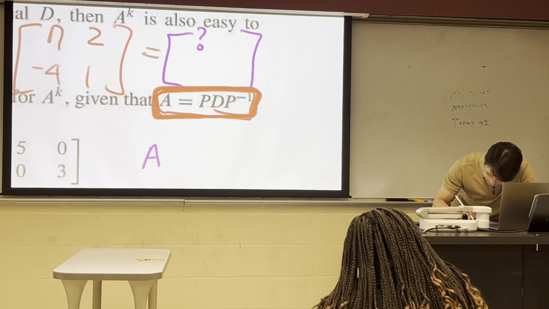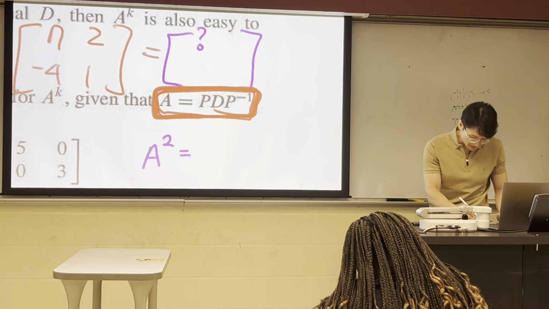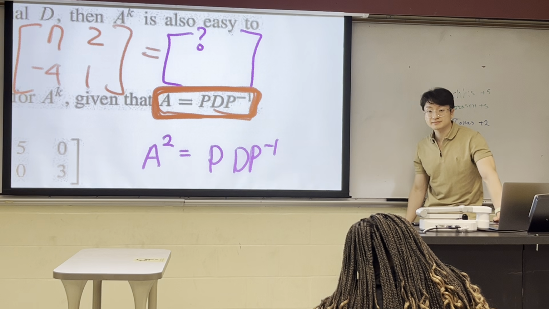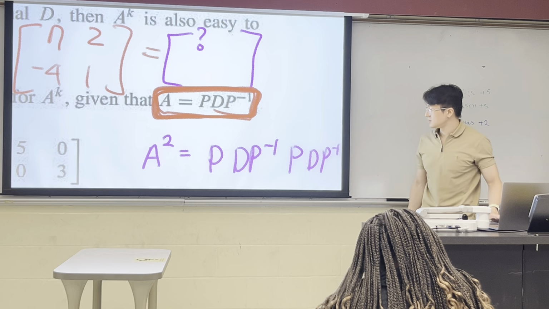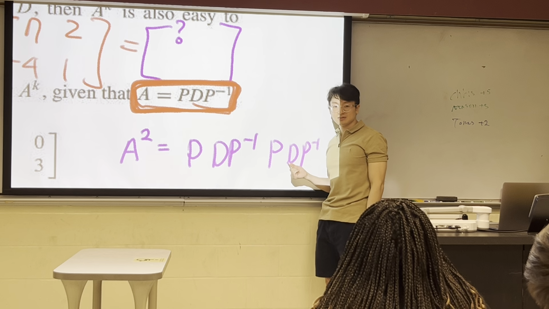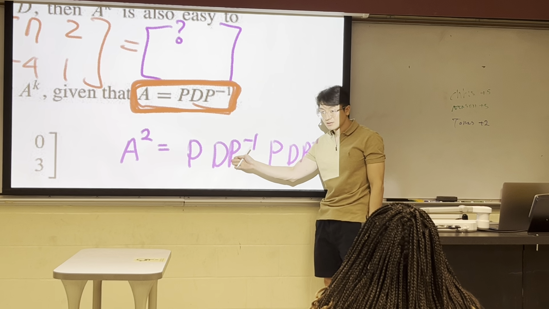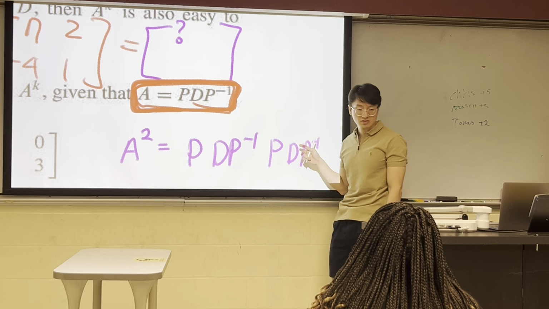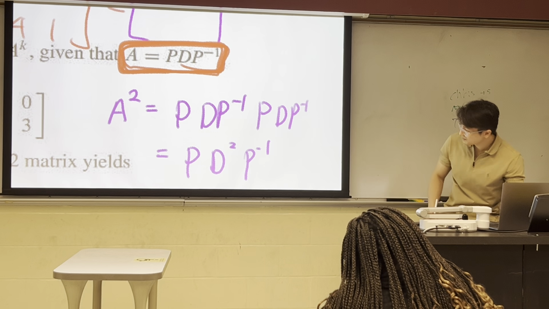So let's say I want to multiply A squared. That is P D P inverse times again P D P inverse. How do I cancel this? P inverse times P. Yes. Then the only thing left is D times D. Right? D squared. So it's going to be P D squared P inverse.